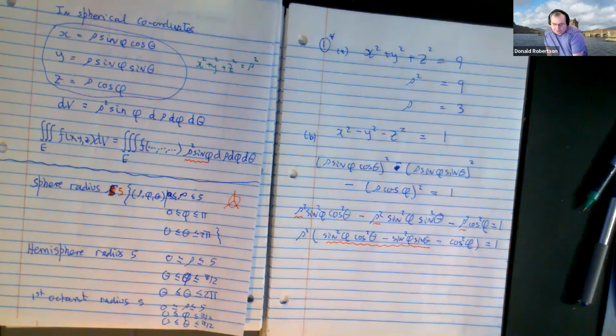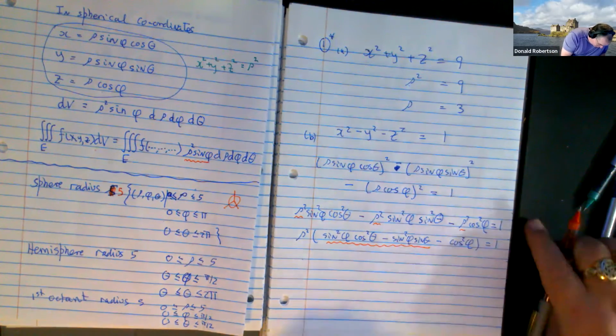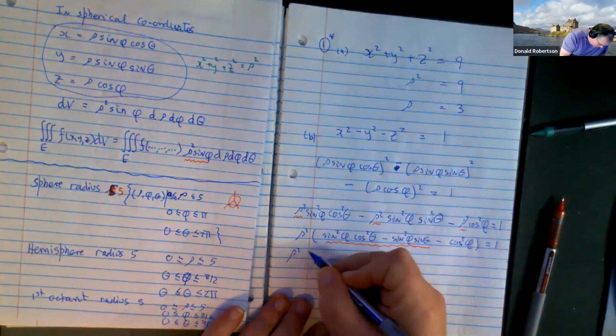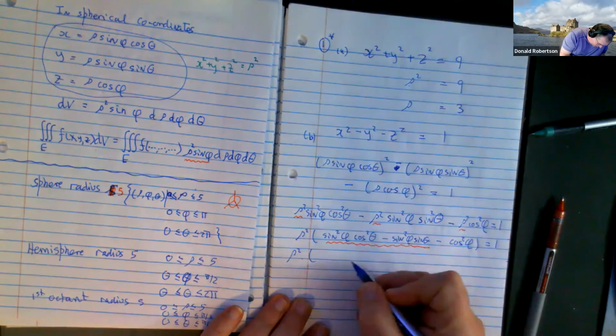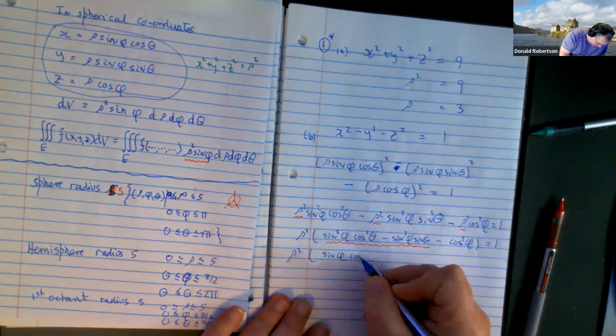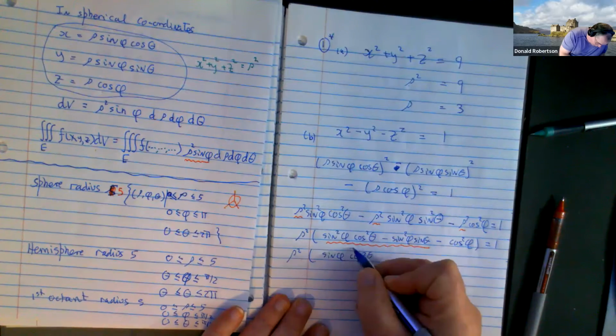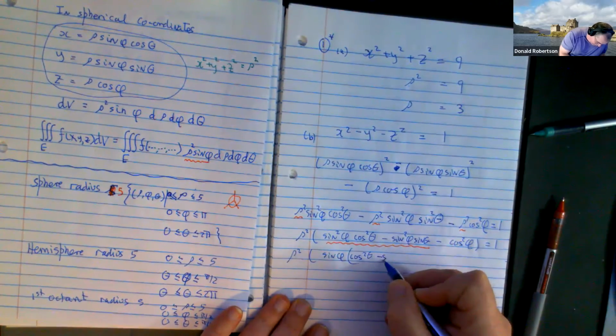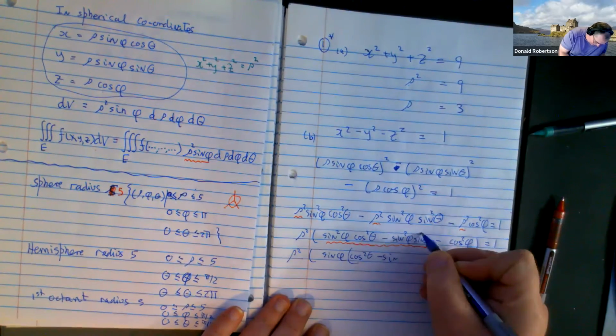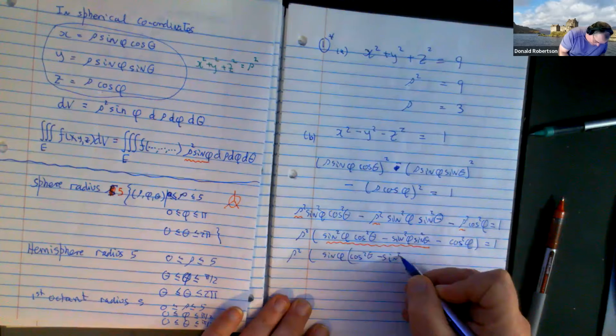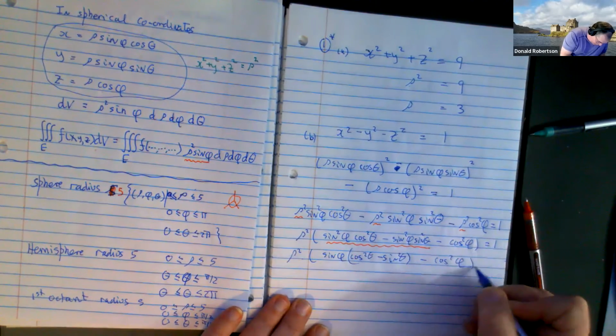Only 2 of the terms share a common factor. And do you notice these 2 terms can share a sine squared phi? The reason I'm going to do that is that I can at least make these a little bit nicer. So I'm only pulling out a common factor from the first two.